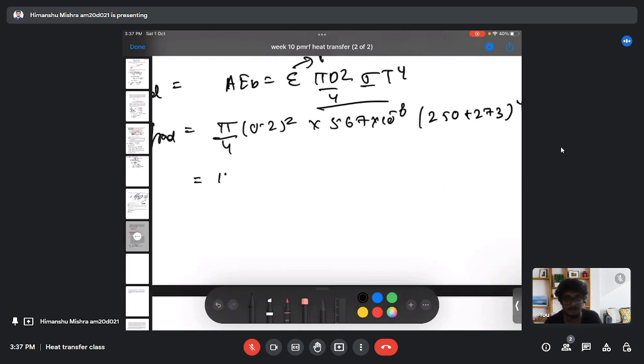On solving this equation, we get the heat loss due to radiation as 133 watts. Now I need to find the heat loss due to convection also.